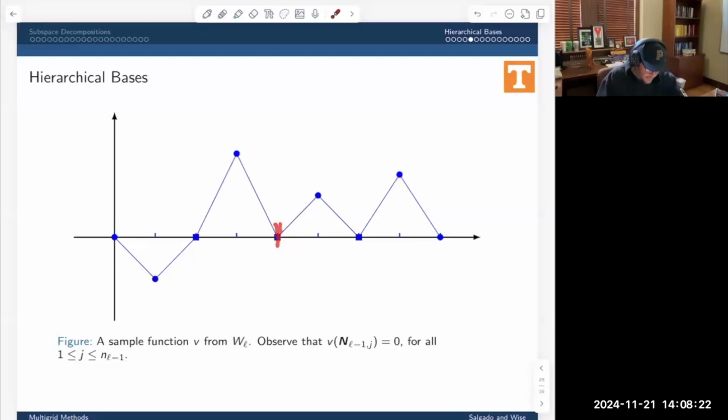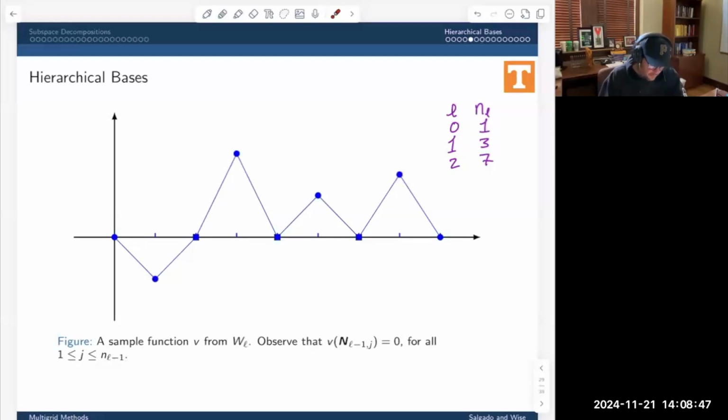Now, what are we looking at here? This is going to be W2.